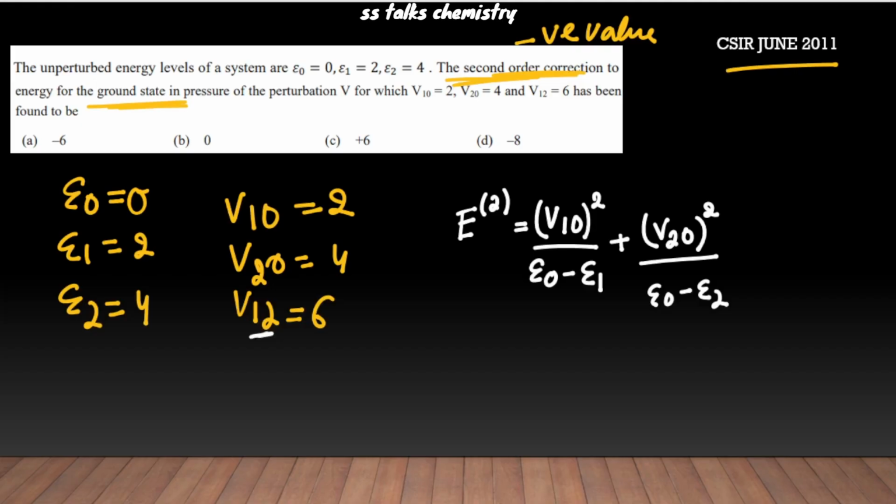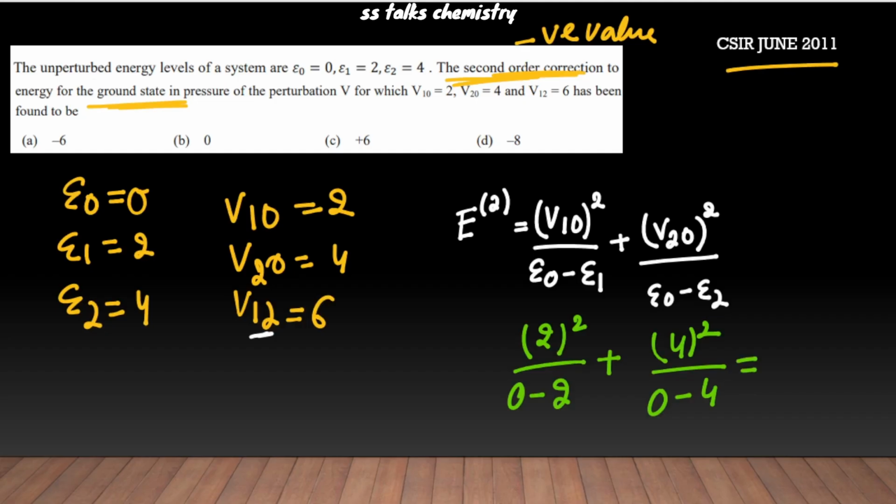Just substitute the values now. It is 2 squared upon 0 minus 2, plus 4 squared upon 0 minus 4. So this comes out to be minus 2 minus 4, that becomes minus 6. So this is the second order energy correction, minus 6. Option A becomes the right answer.